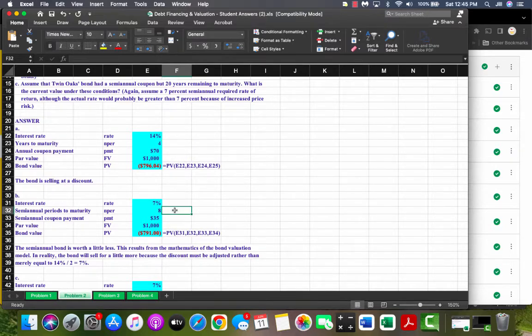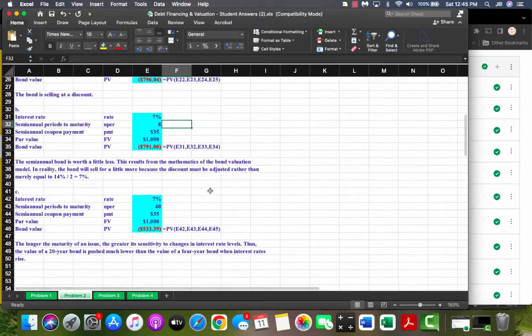This is now a semi-annual coupon. So we have 8 payments instead of 4, but it cuts the payment in half. So here we had annual coupon payment $70, 4 times for the 4 years. Here we have semi-annual coupon payment $35, 8 times. And obviously it doesn't make a huge difference in the value, but it does a little bit. You'll see it's a $5.04 difference.